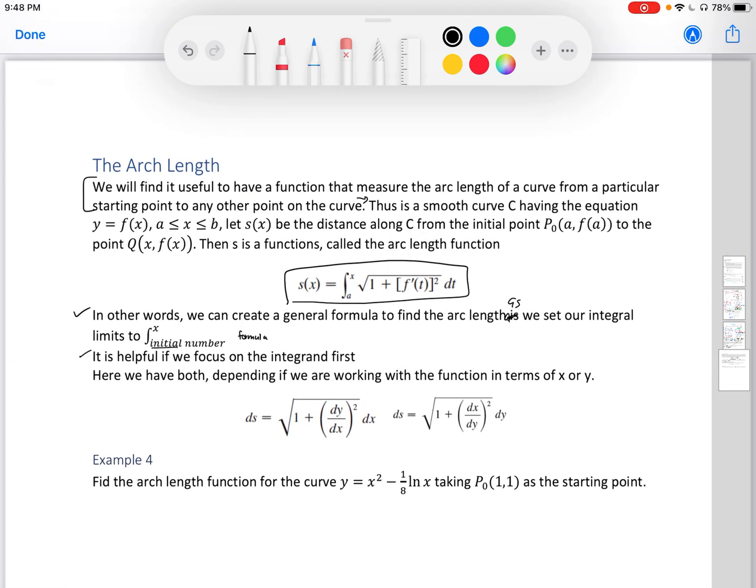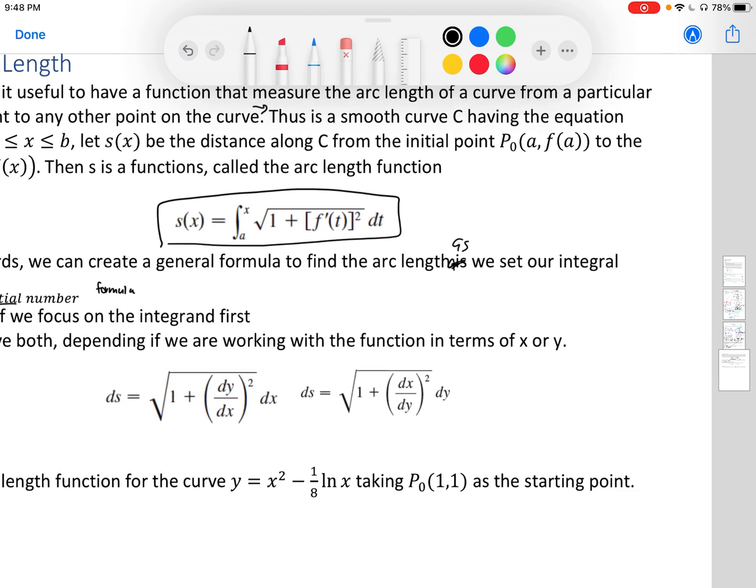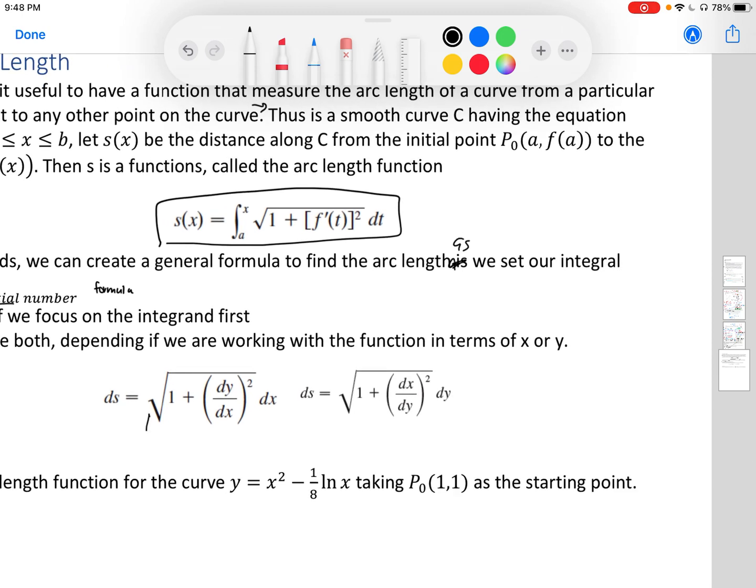It is helpful if we focus on the integrand first. You can set it in terms of x or in terms of y, but remember you still have to take the derivative. Don't forget that this stands for the derivative, and we see it in that fraction form. That's Leibniz's derivative notation, just a different way of writing it.